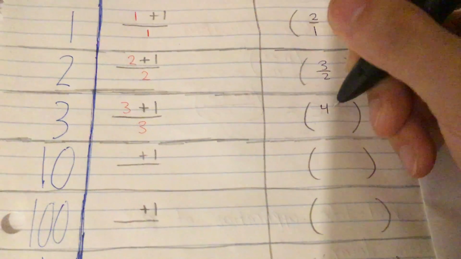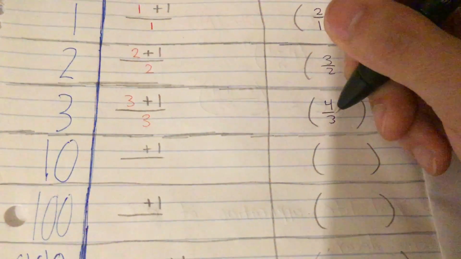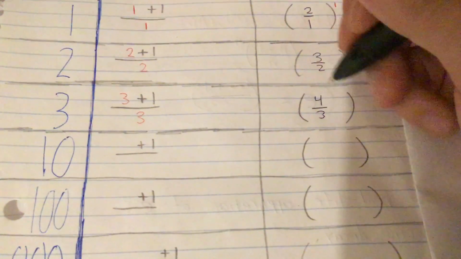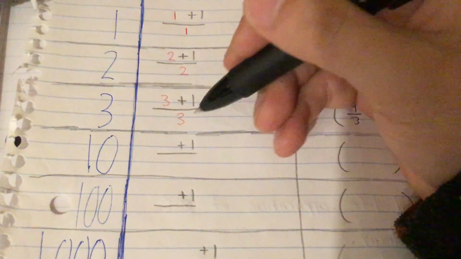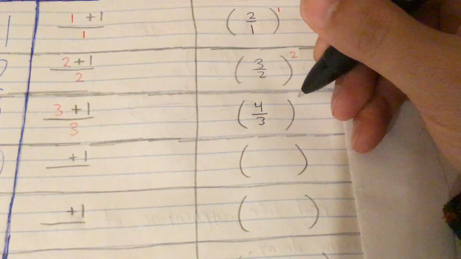So let's say we've got n equals 3. 3 plus 1 over 3. Well, 3 plus 1 is 4 over 3. That'd be 4/3, so it'd be 1.3333333. So if you put in the calculator parentheses 4 divided by 3, close the parentheses, and take that quantity to the third power.